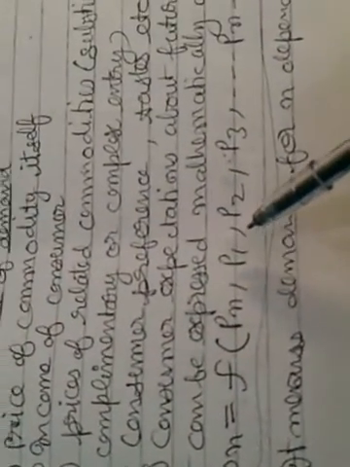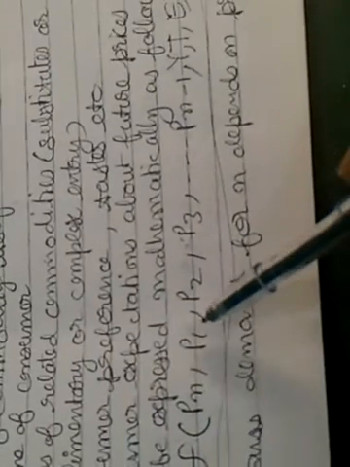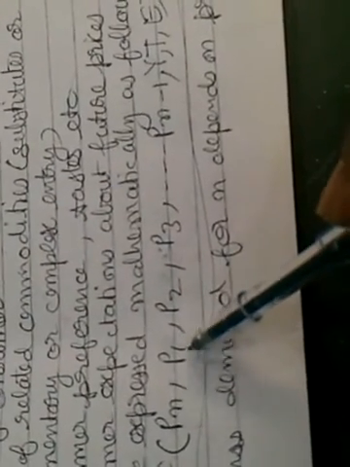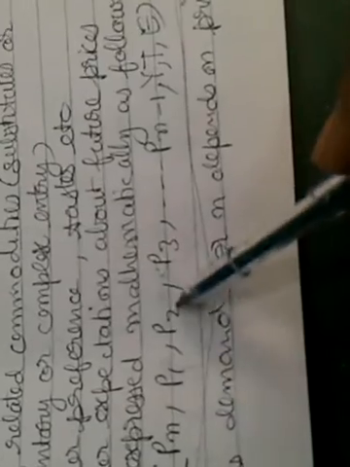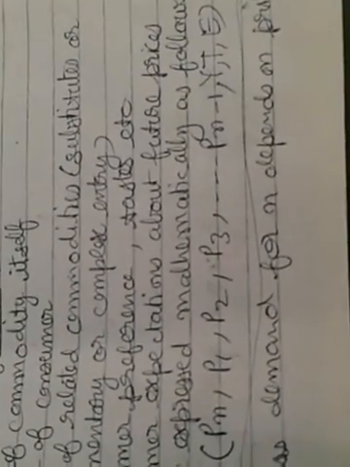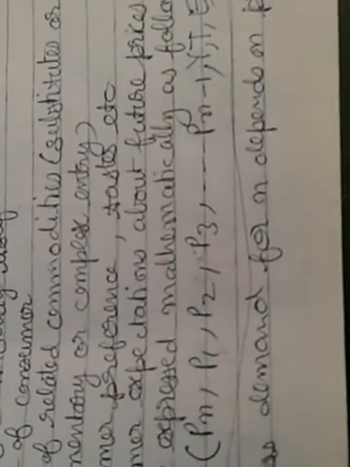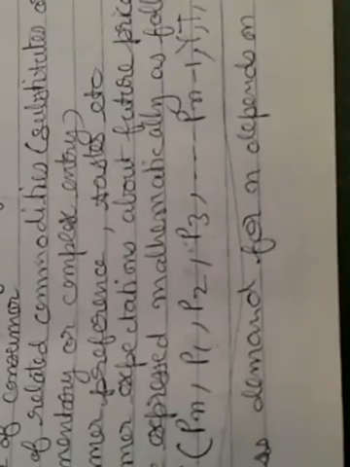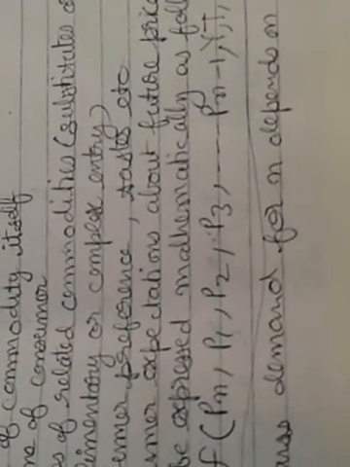Price of related commodities could be substitute or complementary. So the prices of substitute and complementary goods are P1, P2, because there could be n number of substitute and n number of complementary goods, both.